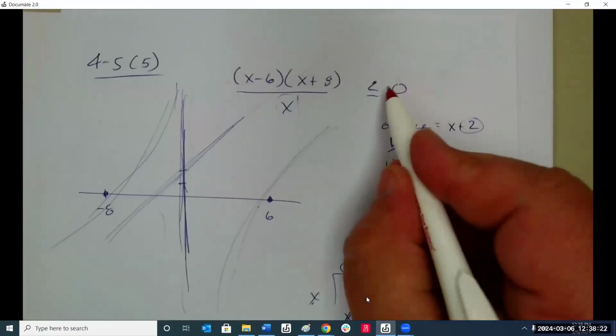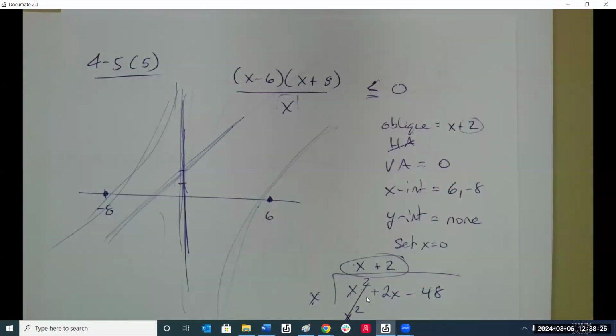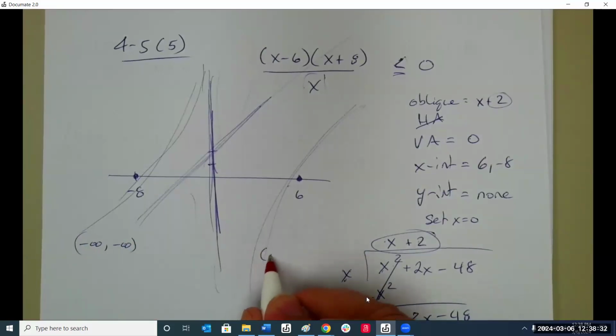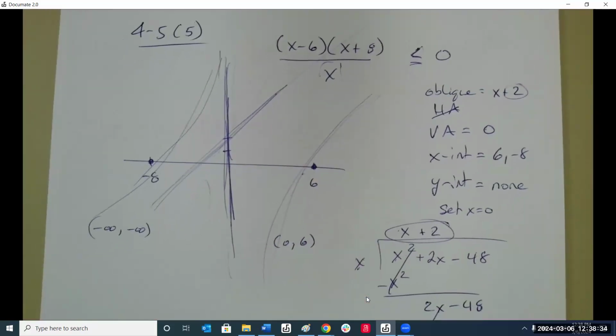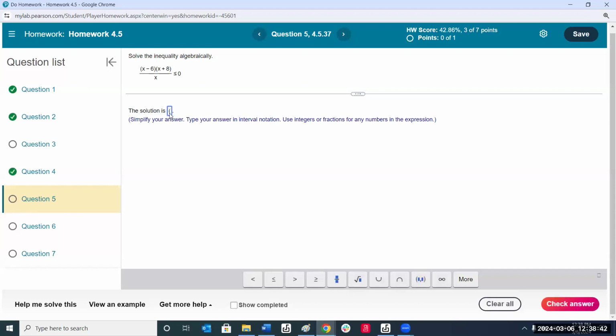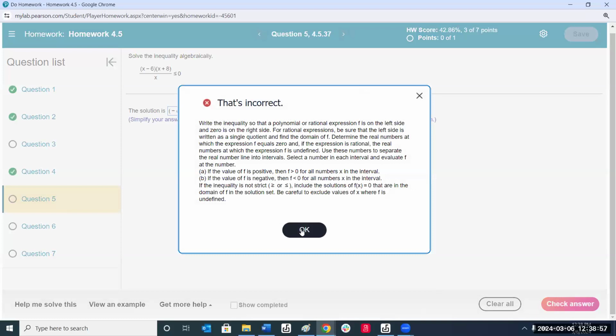So what's the question? It's looking for where is the graph below the x-axis? From negative infinity to negative 8. And then from 0 to 6. What did I do wrong?